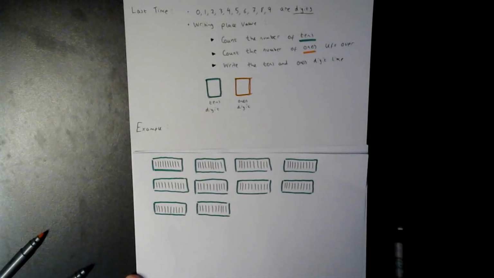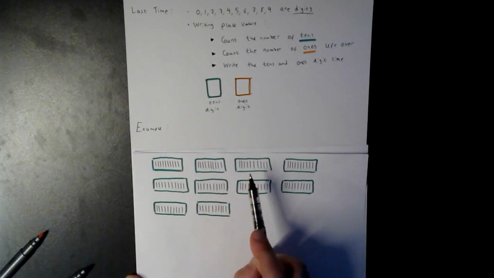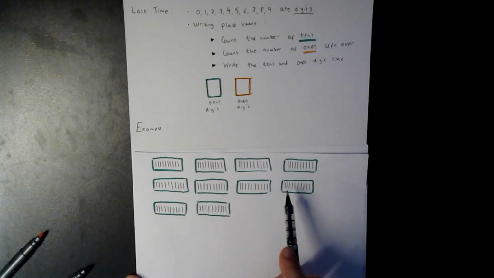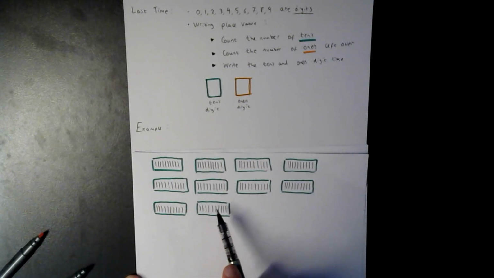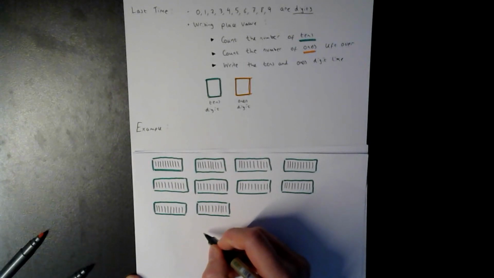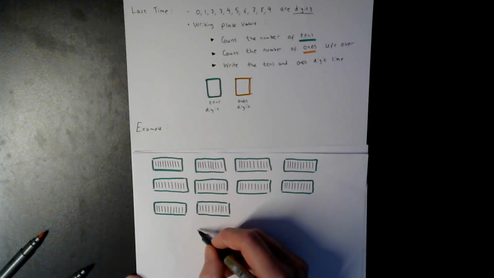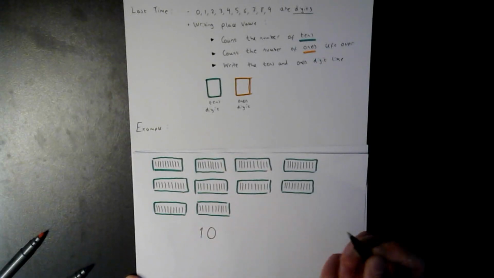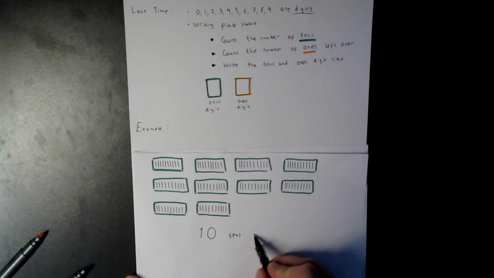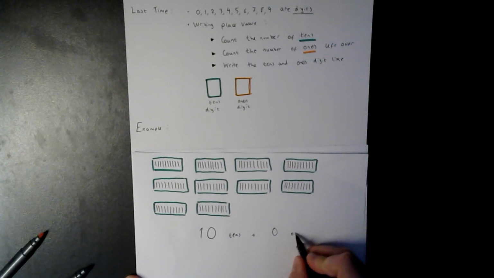So let's do it together. 1, 2, 3, 4, 5, 6, 7, 8, 9, 10. So that's 10 tens. Remember, we write the number 10 as, because there's just one 10, it'd be 1, 0, tens. And there's no ones left over, so there's 0 ones. There's nothing in orange here.